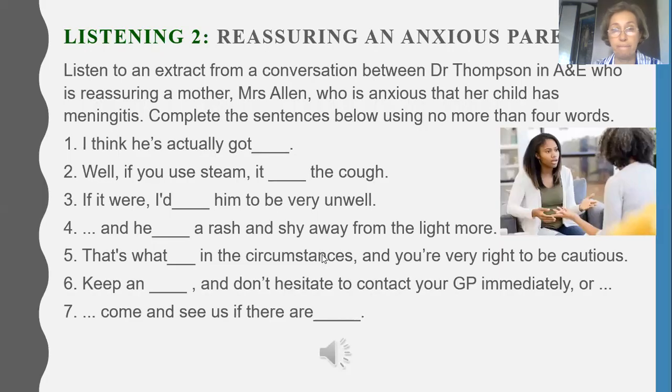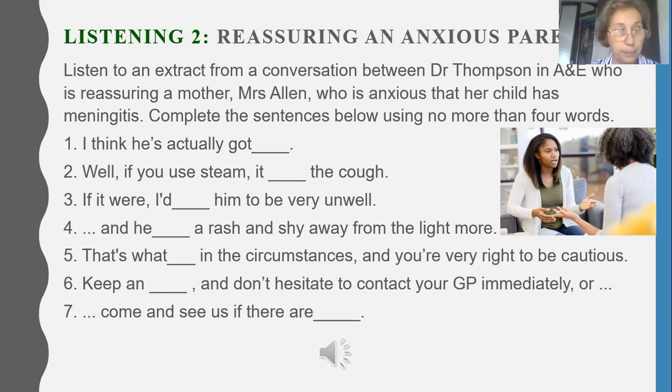Let us continue. Here we stopped with completing the sentences about Dr. Thompson and Mrs. Allen. We stopped with sentence number 5. Dilara was speaking about this. Yes, Dilara, will you repeat?